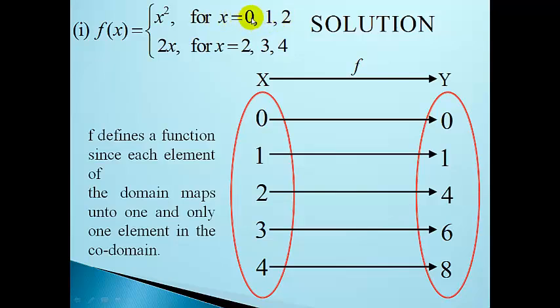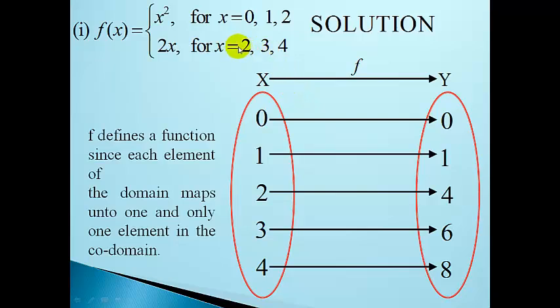When x equals 0, 0 squared gives us 0, so we have 0 mapped to 0. When x equals 1, 1 squared gives us 1, and that is why 1 is mapping to 1. When x equals 2, 2 squared gives us 4, and that is why 2 is mapping to 4.